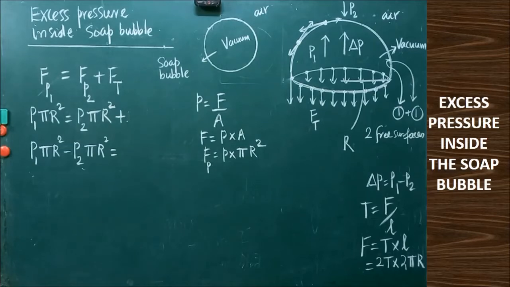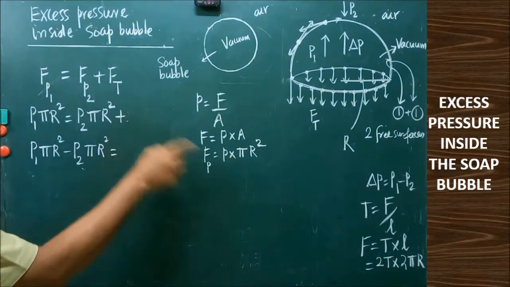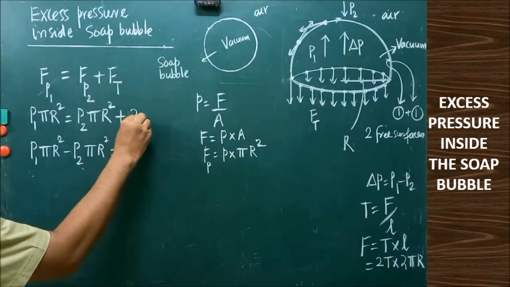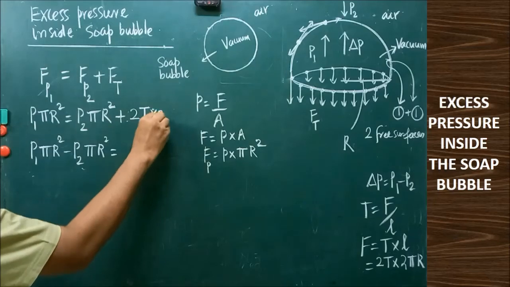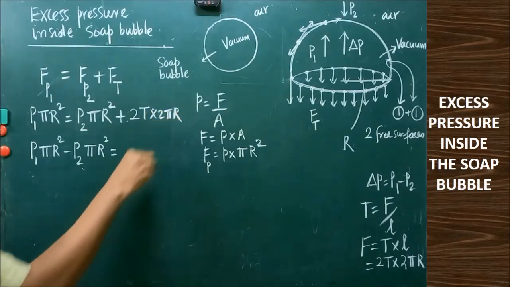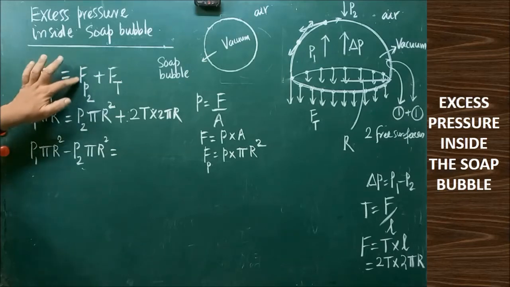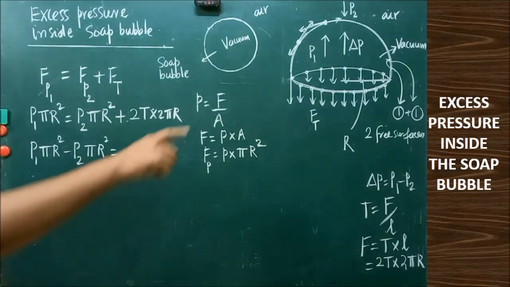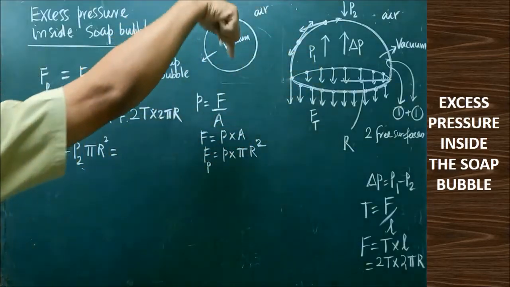Now, in this expression, instead of force due to surface tension, what must be written? 2 into T into 2 pi R must be written. Are you clear? Already we know the expressions for force due to pressure P1, force due to pressure P2. Here also the pressure P1 is acting from inside and P2 is acting from outside.